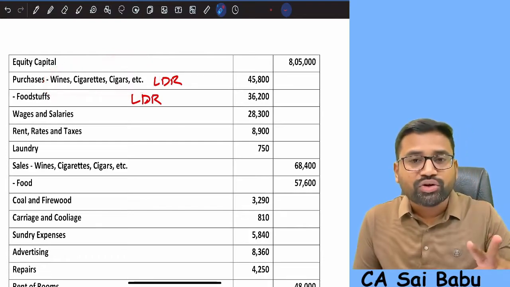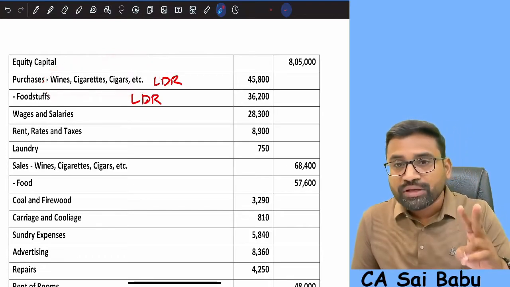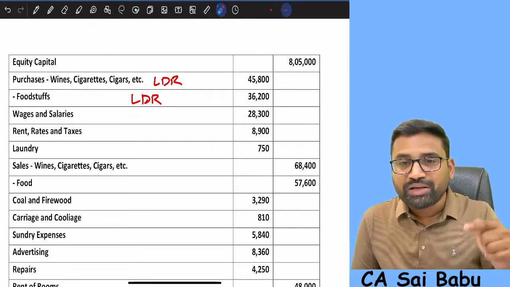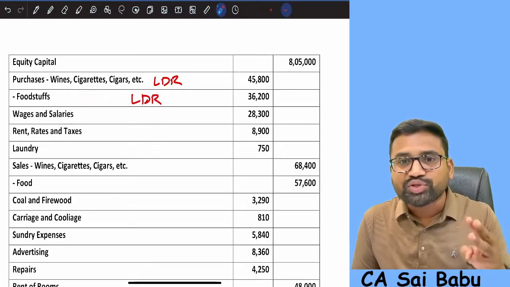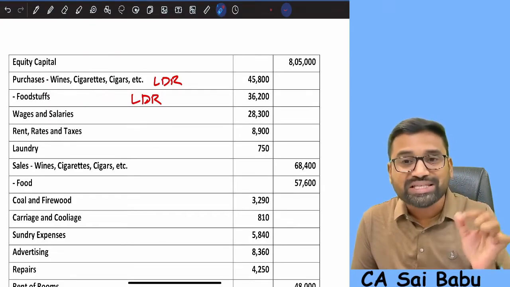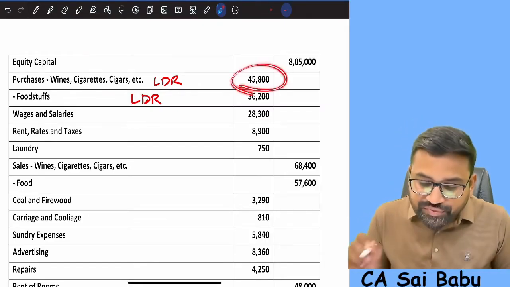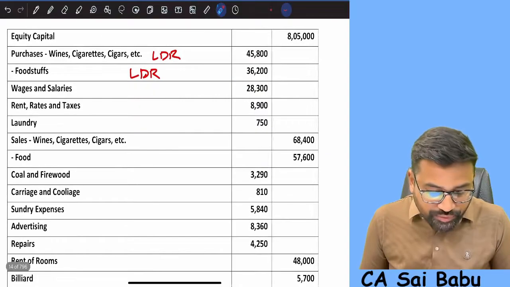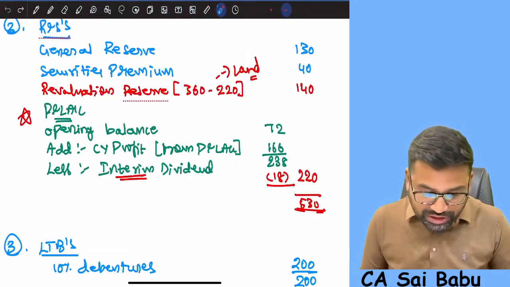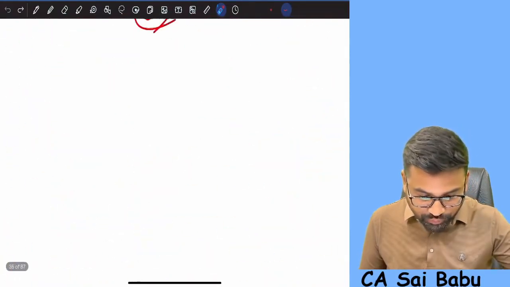Now, relating to stock in trade, what items will we show? As per Schedule 3, when you are preparing the P&L account, on the expenses side, relating to stock in trade, you need to show two things. One is purchase of stock in trade, another is change in inventories of stock in trade. These purchases we need to show separately, and also the difference between the opening and closing we need to show separately. I will show you.